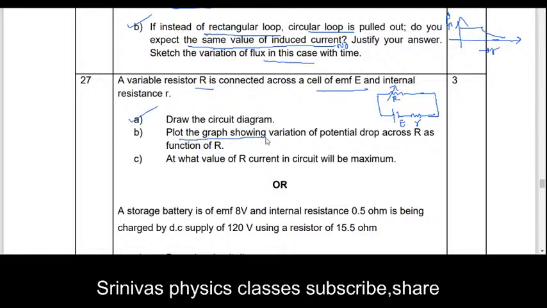Plot the graph showing the potential drop across the resistance as a function of R. What is the current formula? Effective EMF by effective resistance, capital R plus small r.